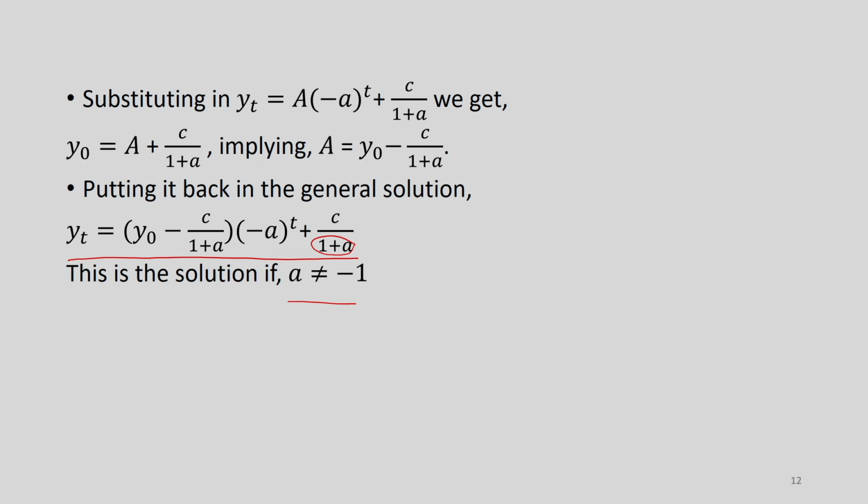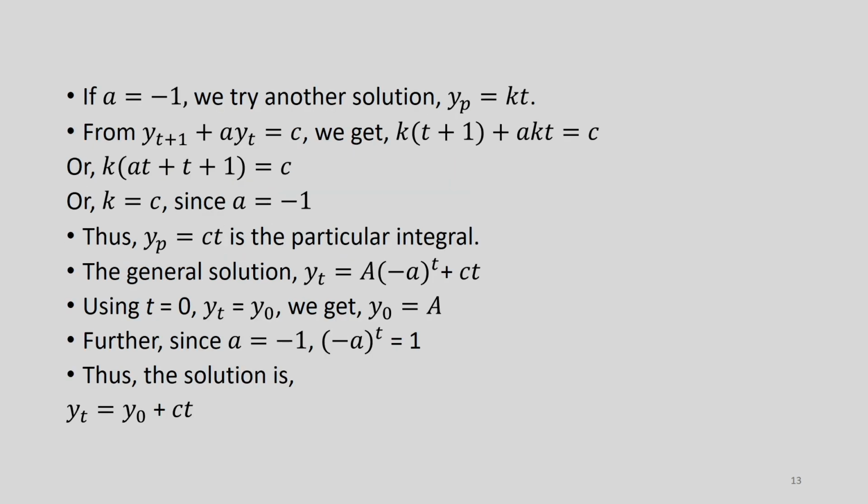So, what happens if a is equal to minus 1? Then for the particular integral, we take a different solution. We take y p, that is particular integral, is equal to k multiplied by t, and if we do so, then the solution is y t is equal to y 0 plus c t.